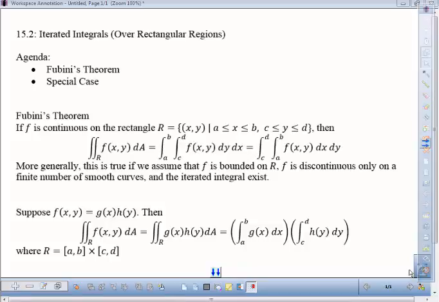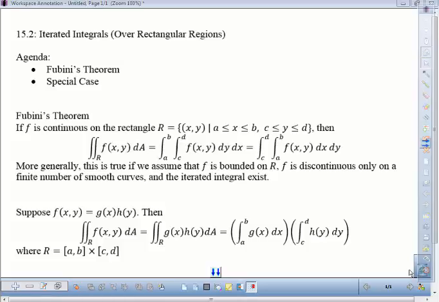Fubini's theorem states that you can switch the order of integration for constant limits if you have a rectangular region. We'll see by the end of today that it doesn't work that easily if your region is not rectangular.